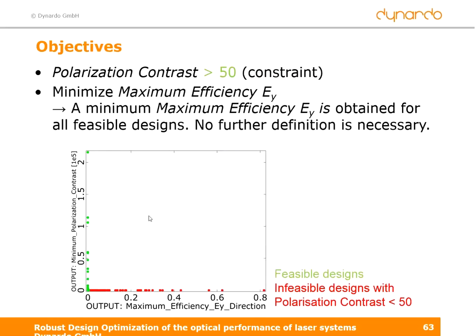At the same time, we wanted to minimize this maximum efficiency in Y direction. For that, you can see easily that this maximum efficiency in Y direction is obtained for all feasible designs, which means we don't need to define anything else. So you see, because only the green designs fulfill this aim to minimize this value.